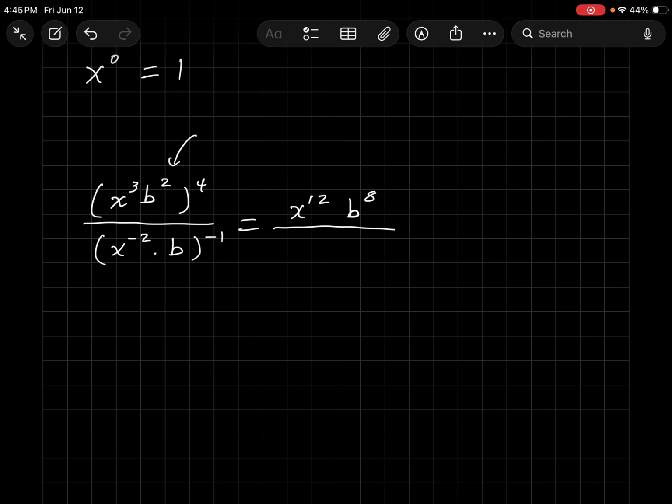How about on the bottom now? Don't worry about what I've just done, just look at the denominator. Similarly, I have things that are multiplied, but then I have powers to a power. So I have x to the negative 2 to the negative 1. Power to a power, we multiply powers, so I have x squared. And then I have b, really to the 1st, to the negative 1. Power to a power, multiply powers. So I have b to the negative 1.